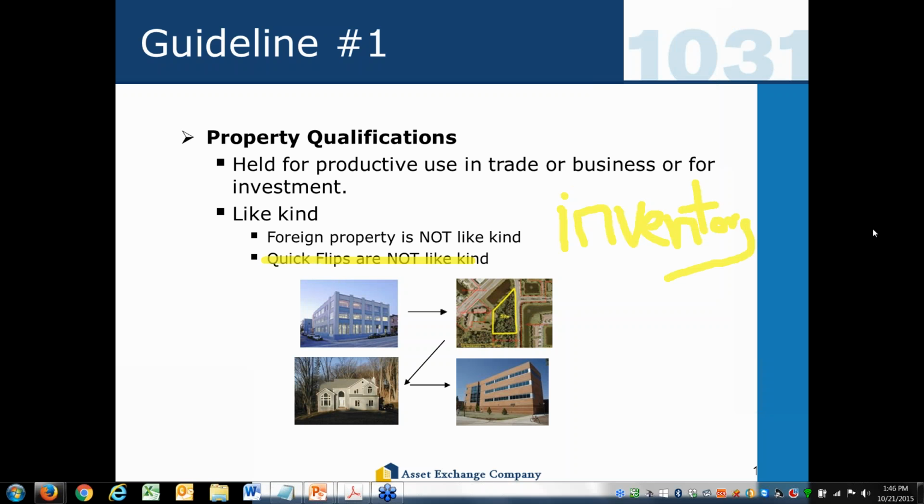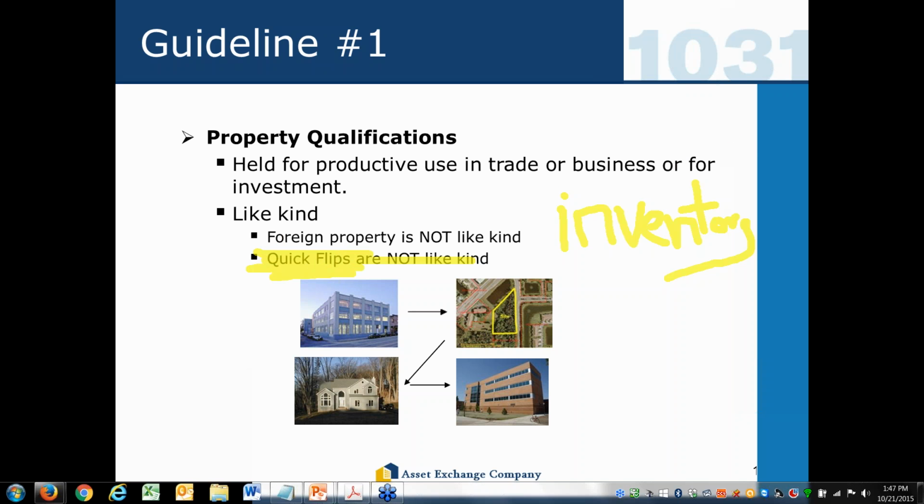And inventory is not exchangeable. It's actually specifically prohibited in the code section. So 1031 exchanges are only for investments. You cannot exchange inventory. And unfortunately, the government considers a flip inventory.